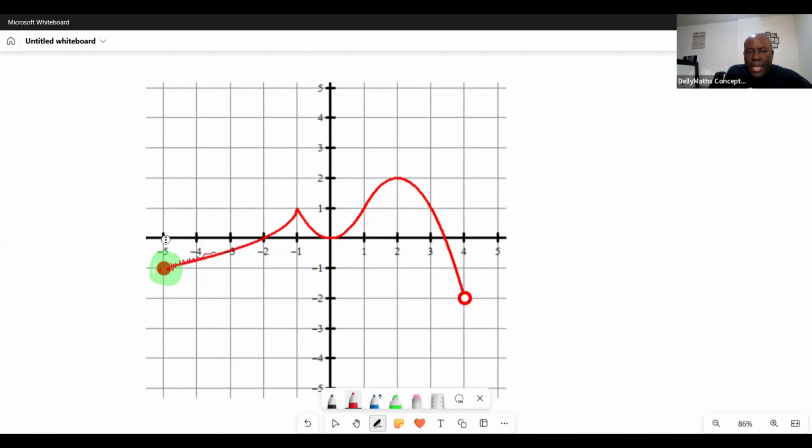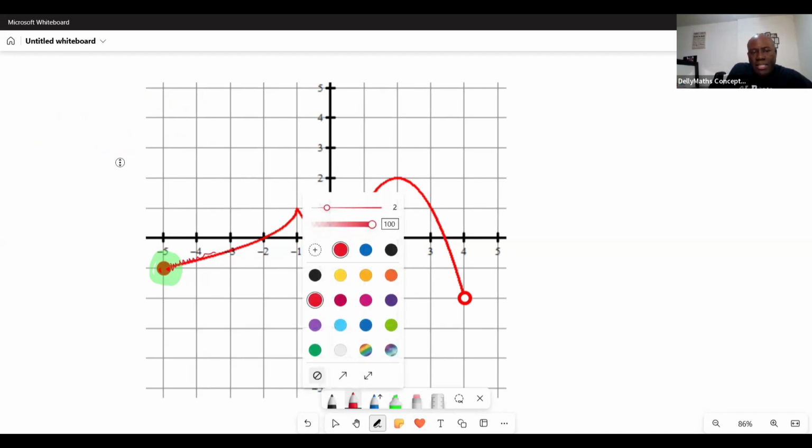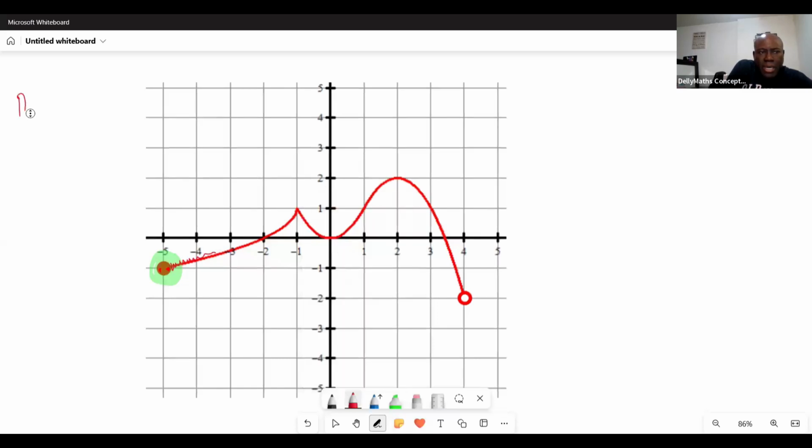And for the domain at -5, I'm using the endpoints here. As I said, this one is debatable because I'm not able to check to the left, but I'm going to classify it as a relative minimum of -1, and it occurred at x equal to -5.